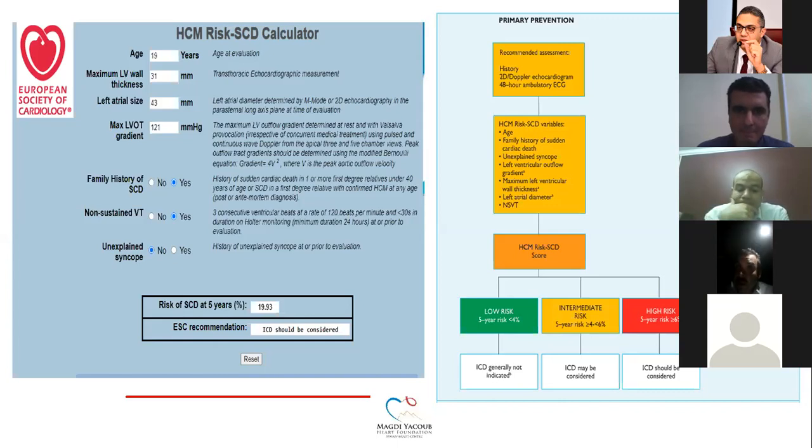AICD implantation is associated with, 1, increased risk of inappropriate shock, 2, increased risk of endocarditis, 3, increased risk related to implantation of the battery and of the lead, 4, psychological burden. It is not an easy task. The first appropriate shock after implantation of AICD for primary prevention occurs on average after 5 to 10 years. And by experience, after myectomy, those young patients do have a very good follow-up.